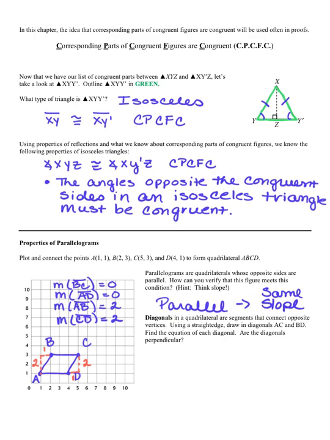The diagonals in a quadrilateral are segments that connect opposite vertices. Use a straight edge, which would be just a ruler, to draw in diagonals AC and BD. We're going to find the equation of each diagonal, and also decide if the diagonals are perpendicular. Let's first take a look at diagonal BD.